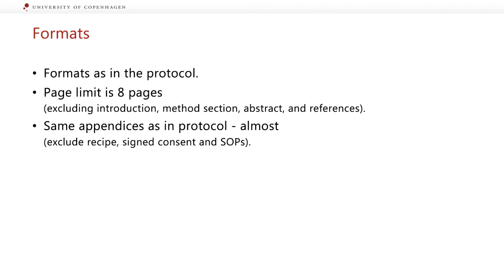But the other appendices you have to upload with the same numbers. The reason is that you probably have to change some elements in these different appendices, depending on the comments that you get or depending on something that you experience throughout the exercise. So you upload these appendices, but exclude the recipe, the signed consent, and the subs.